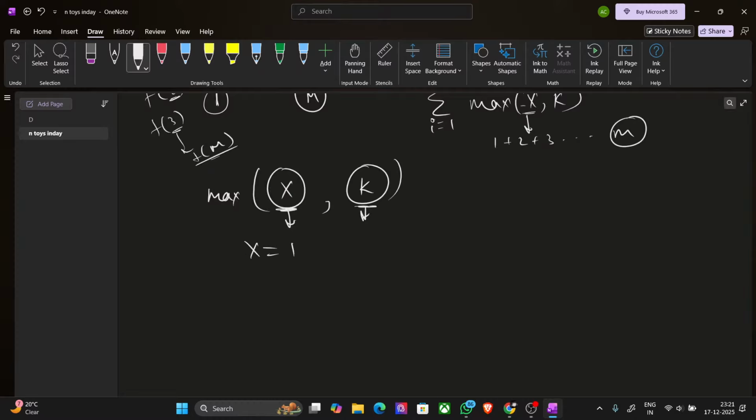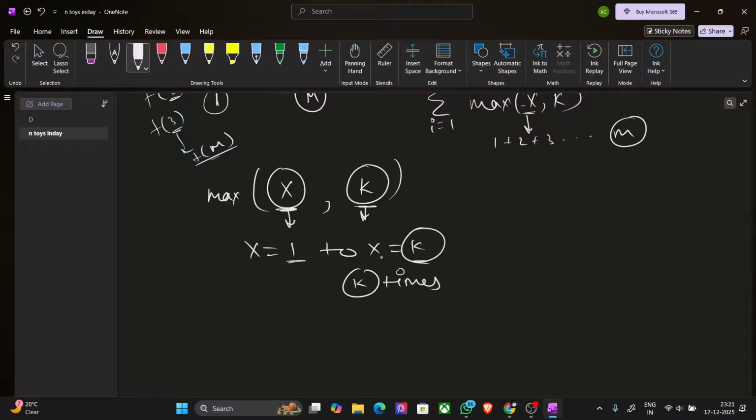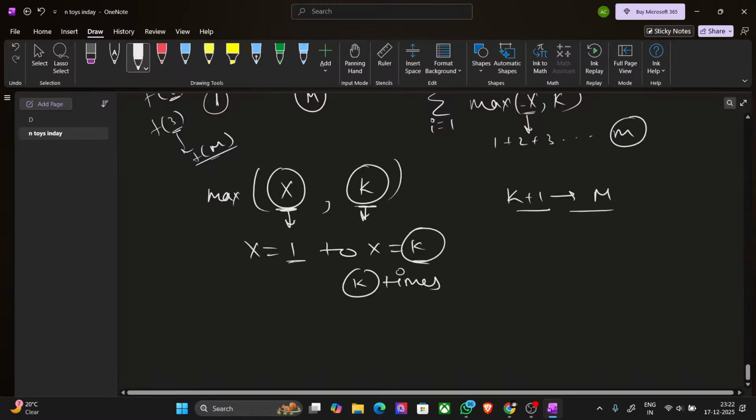For x equal to 1 to x equal to k, it will occur k times. Correct. And for k plus 1 up till m.